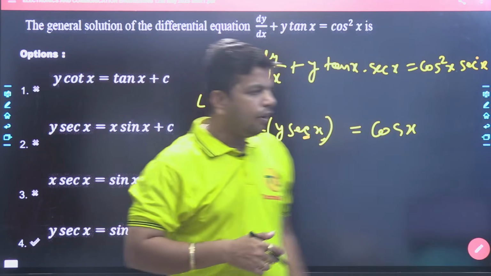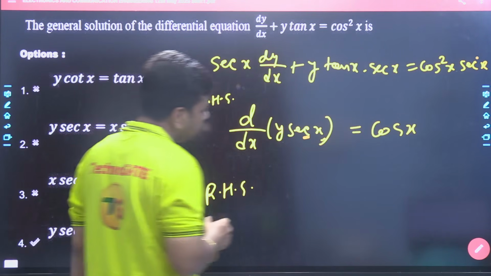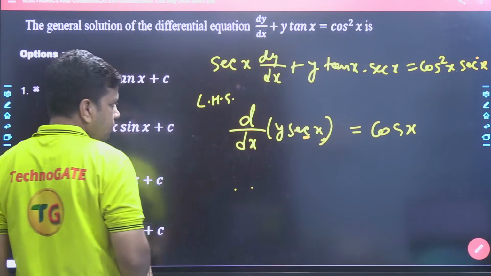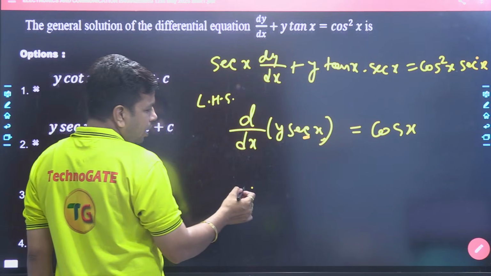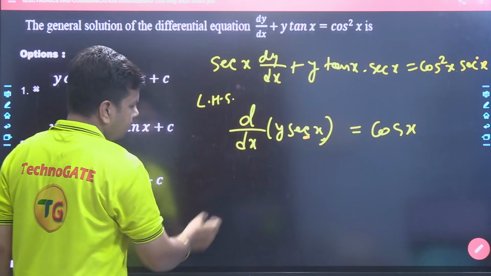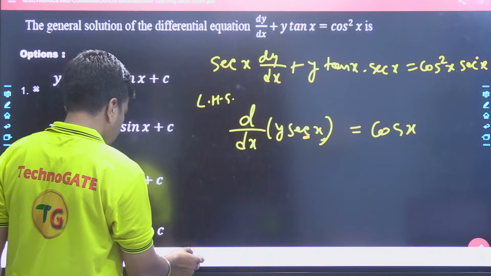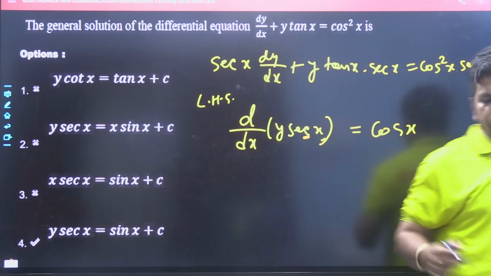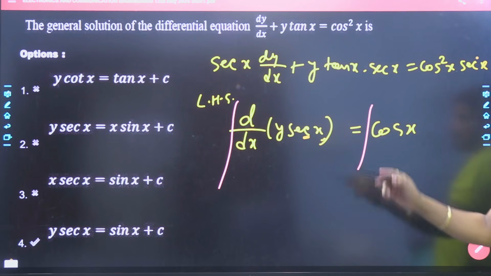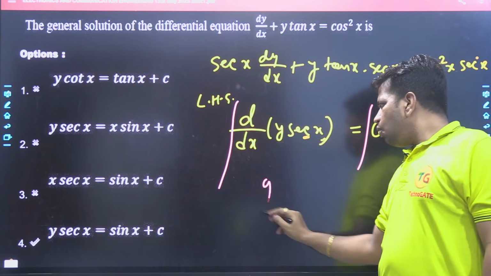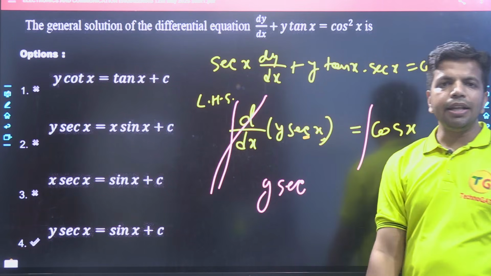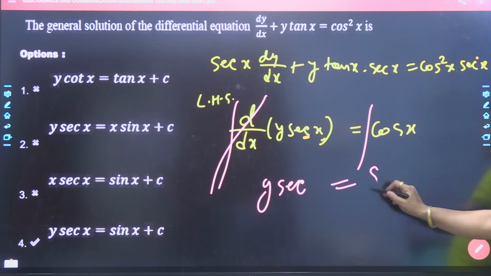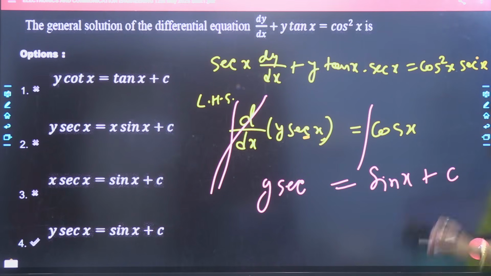Now we can do one thing. If we integrate both sides, the left side becomes y sec x, because differentiation is cancelled out by the integration, and the integration of cos x is sin x plus constant c.